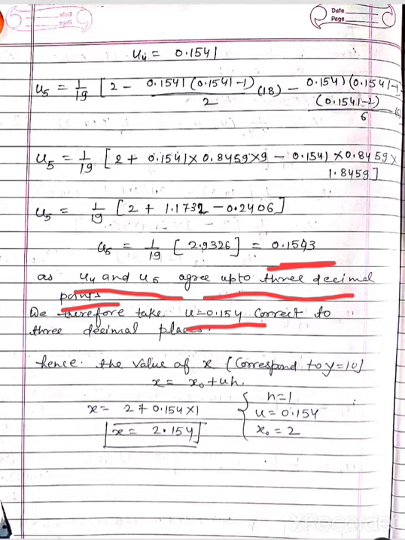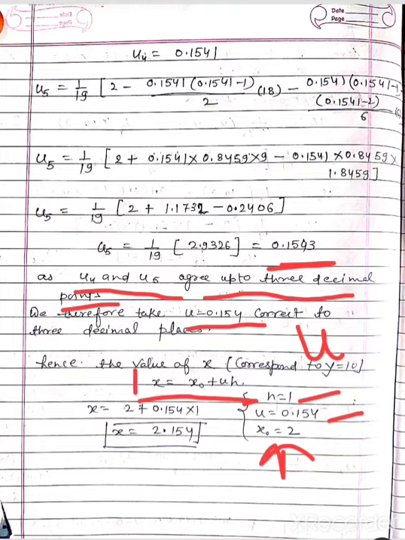So now using u equals 0.154, putting this value of u in this formula, as we can see that the values of x were equally spaced by one interval, so h equals 1, the calculated value of u equals 0.154, and the initial value of x, represented by x0, equals 2.